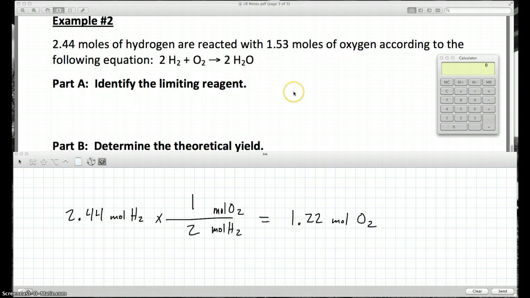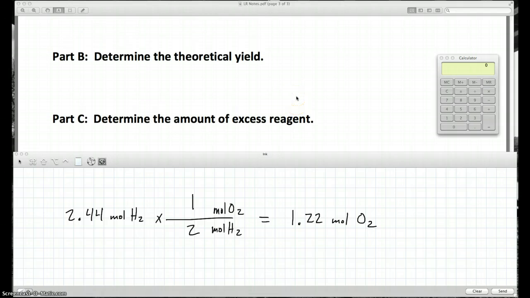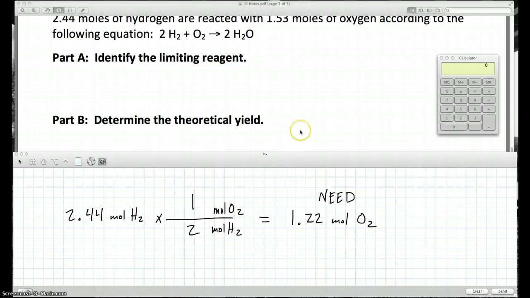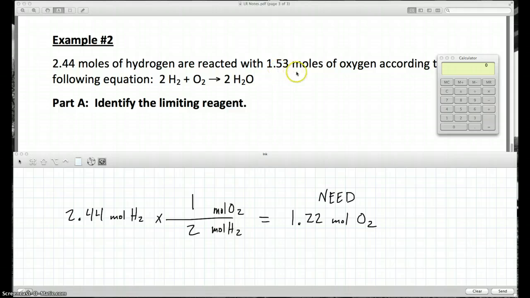Now, if we look at the question, it says determine the amount of excess reagent. So just like with part A, I just calculated what I need. I'm going to need 1.22 moles of O2. But if I compare that to what I actually have, I have 1.53 moles of O2.